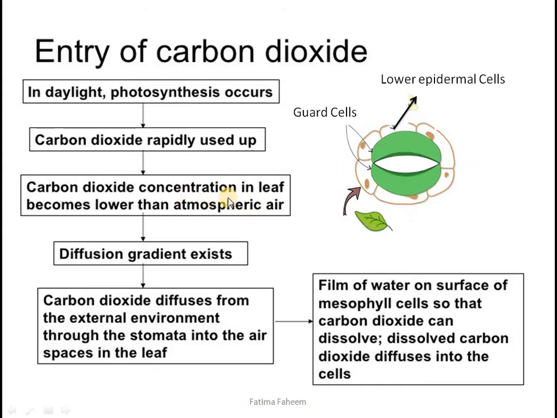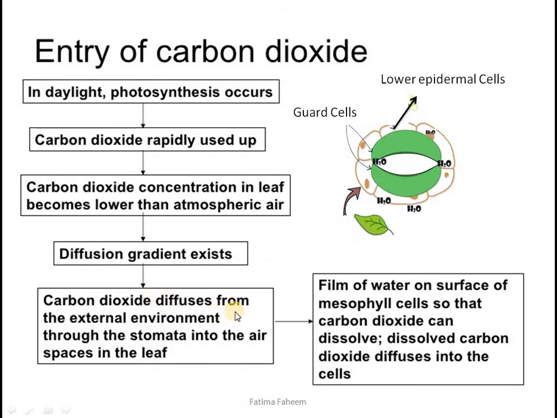This will create a difference in concentration of carbon dioxide. I mean to say that whenever photosynthesis is happening, inside the leaf the concentration of carbon dioxide will decrease compared to the outside. So carbon dioxide from the external environment would get into the leaf by simple diffusion.